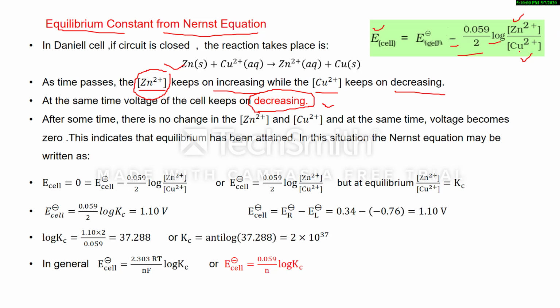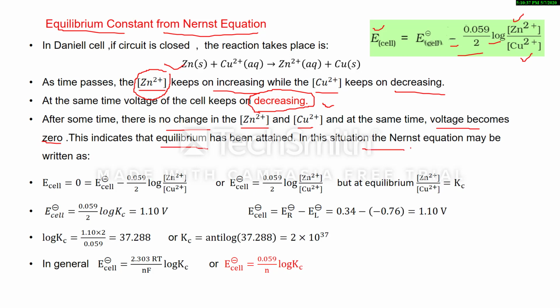At the same time Cu2 plus is decreasing, so E cell will increase. Okay, so we can say at the same time the voltage of the cell keeps on decreasing, because Zn2 plus is increasing and Cu2 plus is decreasing. And after some time, when there is no change in the concentration of Zn2 plus and Cu2 plus, then we can say voltage becomes zero and the voltmeter reading becomes zero, and this indicates the state of equilibrium.